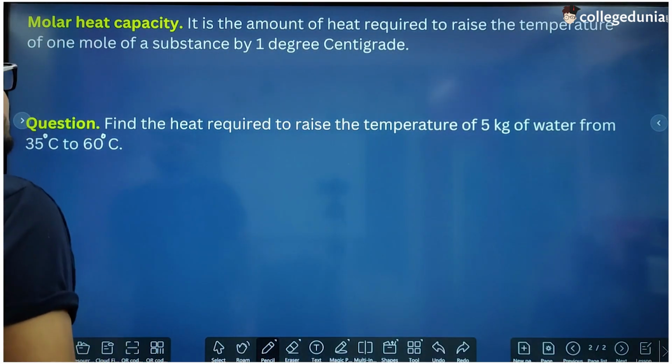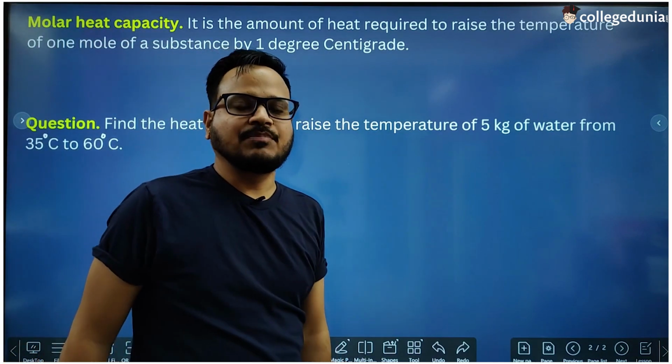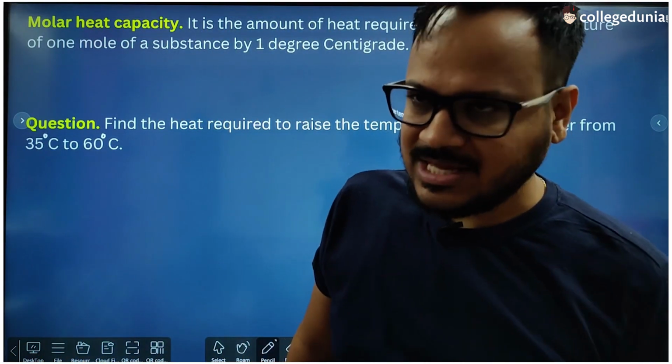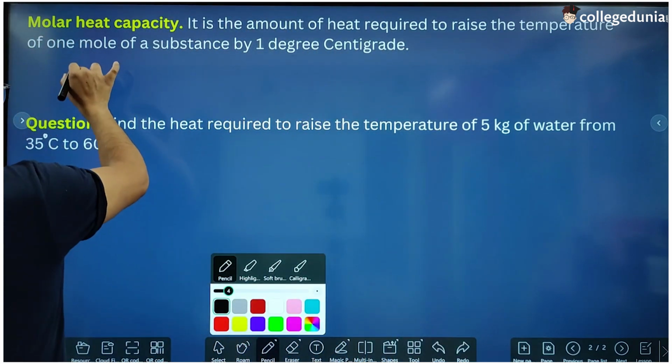Okay, there is one more thing which is called the molar heat capacity, which is simply the amount of heat required to raise the temperature of 1 mole of a substance by 1 degree centigrade. Now let's again make that body.